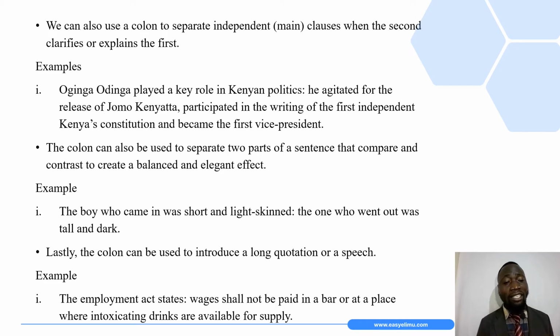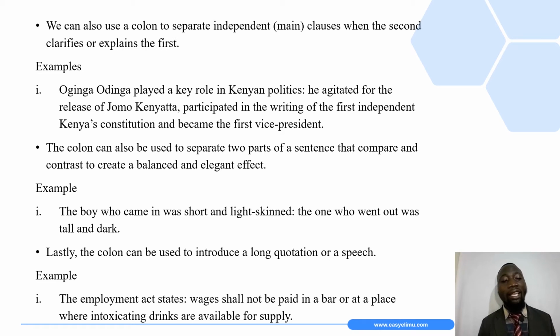If you look at that sentence again, there is the contrast that is separated using the what? Using the colon. We are told that the boy who came in was short and light-skinned, so there is a difference that is introduced using the colon, meaning that the other one who went out was tall and dark.